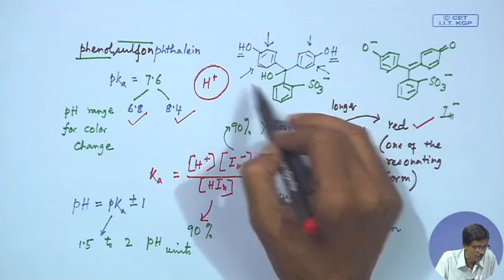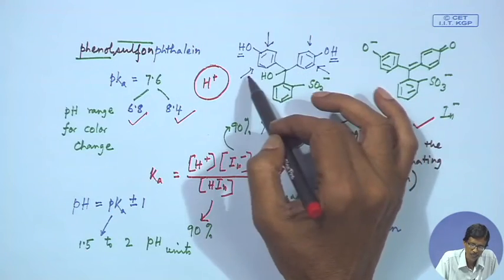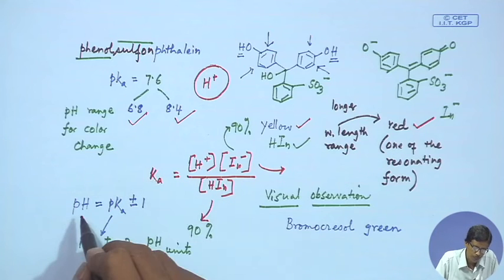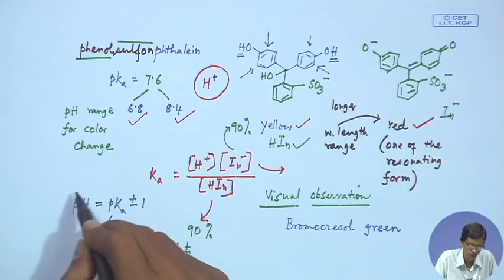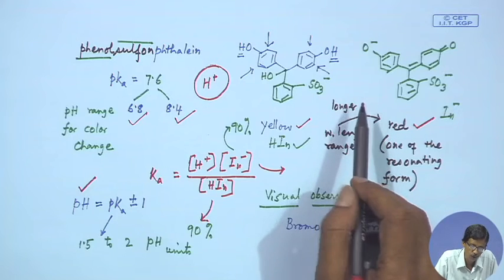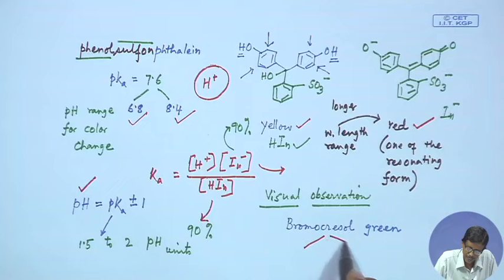If we have the bromine groups over here, your Ka value will be changing. So, your pK value will be changing, and since the pK value is changing, your pH will also be a different one. So, that is why this bromocresol green, like phenolphthalein, can change its color.